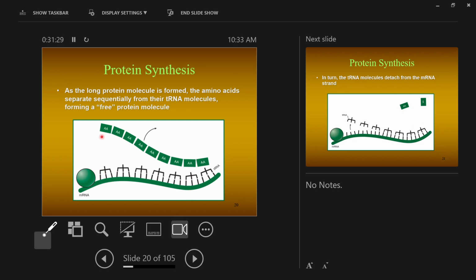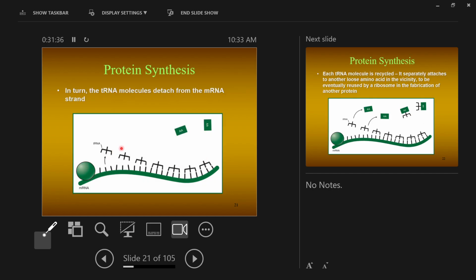The story really ends importantly with making the protein, but here's what's neat. The rest of this stuff sort of gets recycled, okay? These transfer RNA molecules are going to break off and reattach themselves to freely floating amino acids because you ate a hamburger or something and you got freely floating amino acids from the protein that you ate, right? So they're going to reattach to new amino acids. There you go.